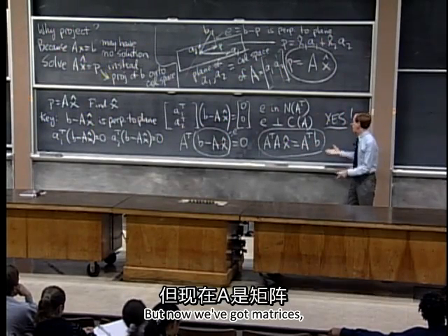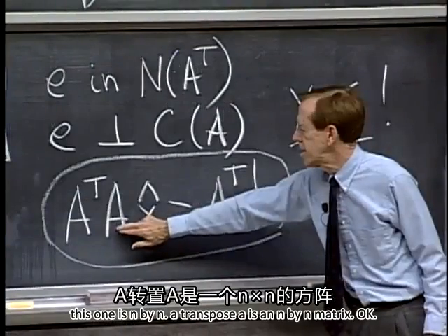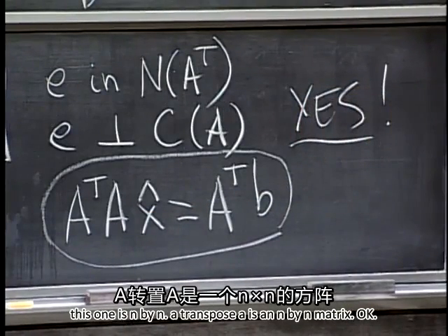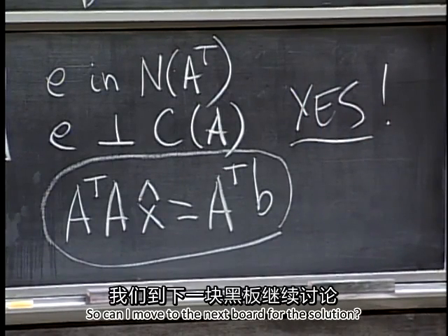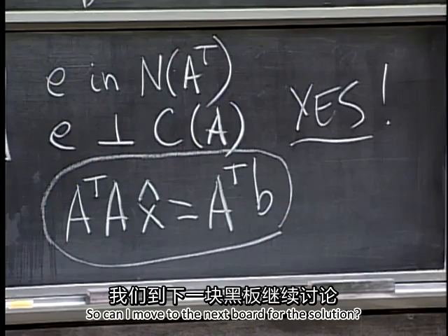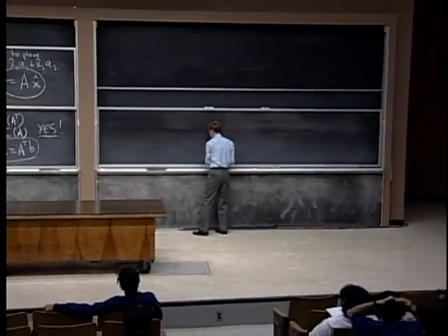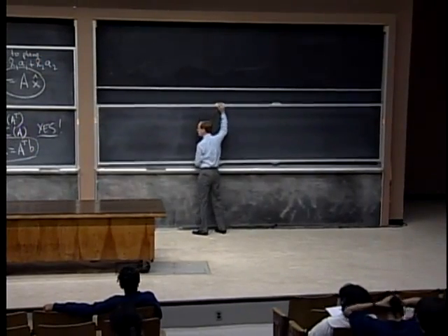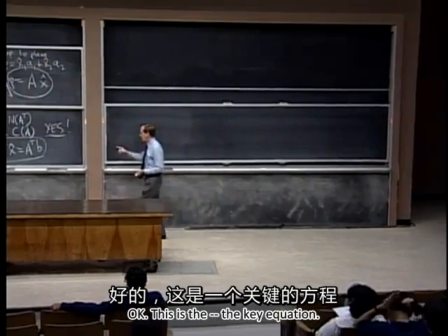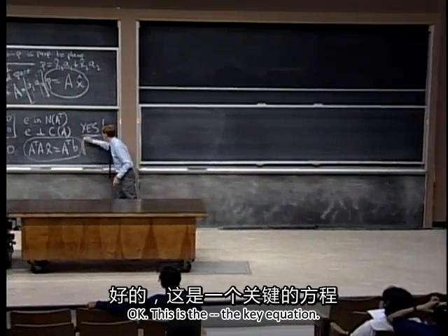But now we've got matrices. A transpose A is an n by n matrix. Can I move to the next board for the solution? Okay, this is the key equation.